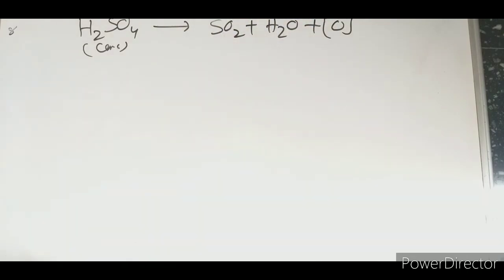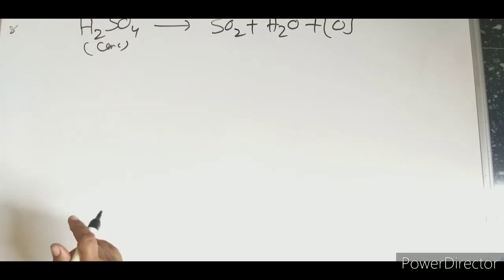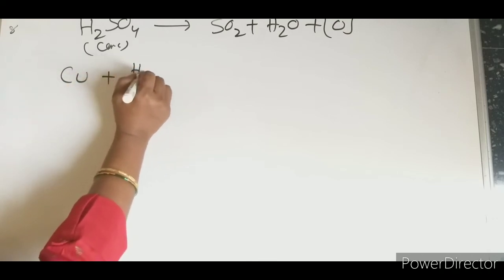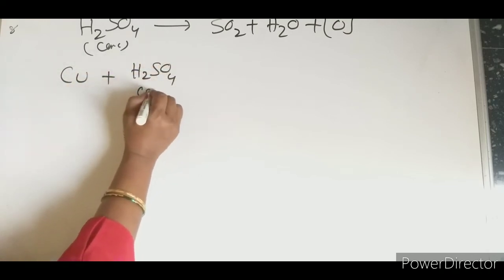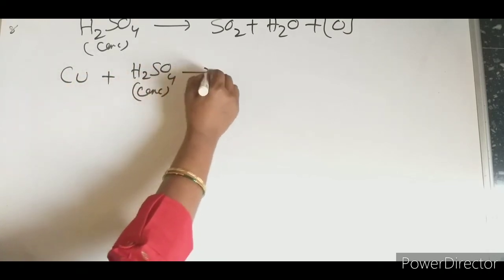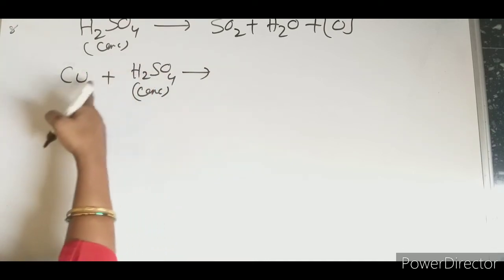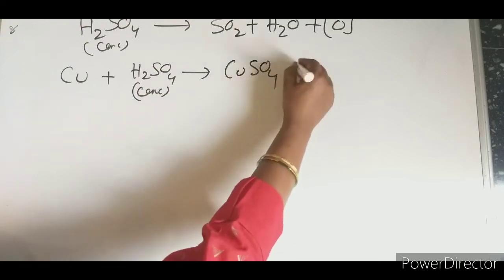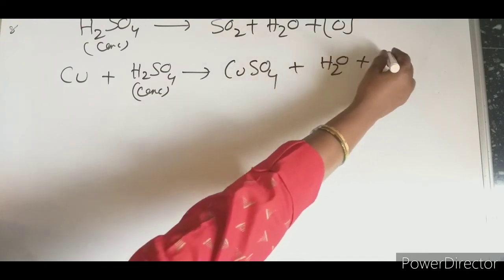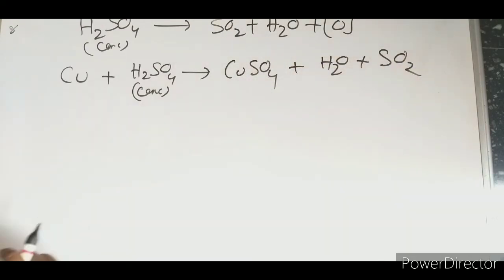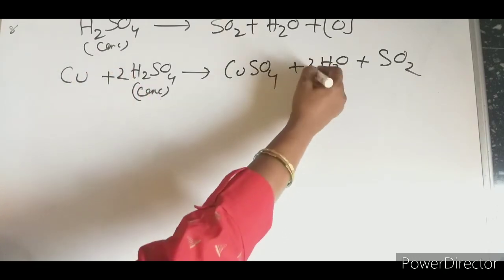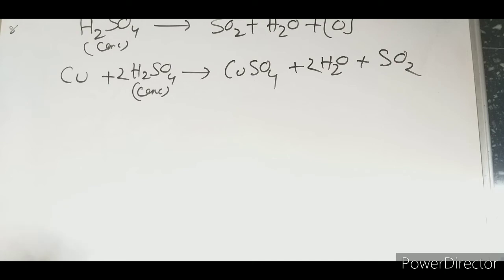Let us keep that with us, so that whenever the reaction proceeds, it will be easy for us to perform. So here copper reacting with concentrated H2SO4 gives rise to copper sulfate. The product will be copper sulfate, along with that water, and sulfur dioxide gas comes out. So 2 water and sulfur dioxide.